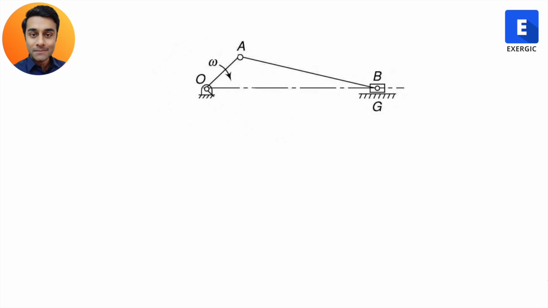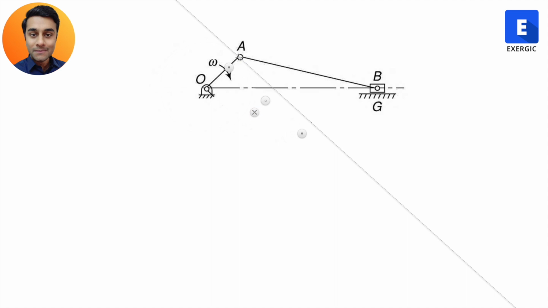So let us first draw a line which is perpendicular to OA. Okay, roughly perpendicular. As I told you, although we have to draw a velocity polygon which is as accurate as possible, you cannot randomly draw any vector. Conceptually it should be correct.